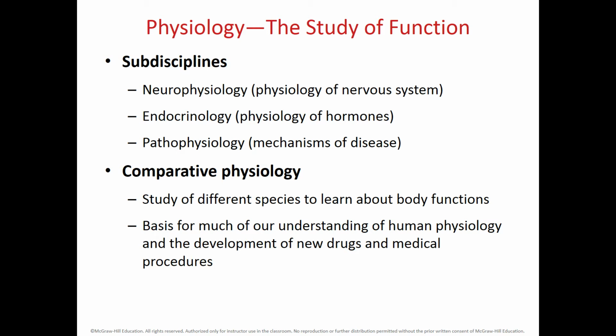Now we have a branch of science known as comparative physiology that, similarly to comparative anatomy, studies the physiology of structures across different species so you can understand body functions. This will help us understand the human body better, and it can also help us develop new drugs and medical procedures to apply in humans.